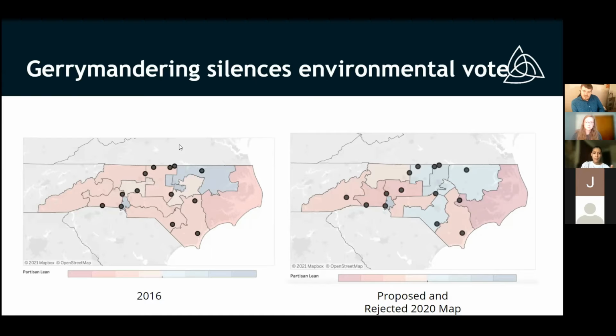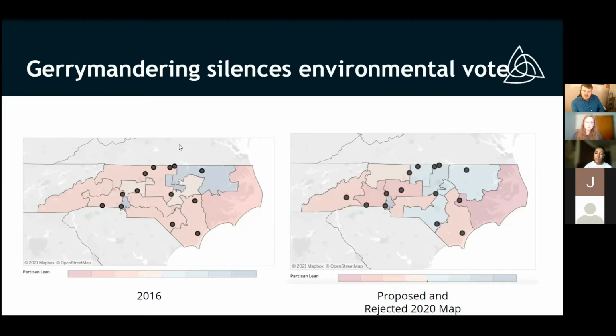So the district map on the left dilutes the power of Democrat voters, mostly Black voters who lived in these neighborhoods and had the pollution from these coal ash ponds. 12 of the 14 pond sites in North Carolina were in districts represented by Republicans who were not in favor of regulation. So how does this gerrymandering seen in 2016 relate to environmental justice?